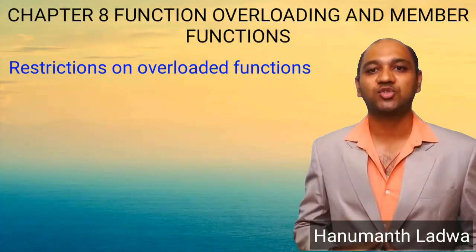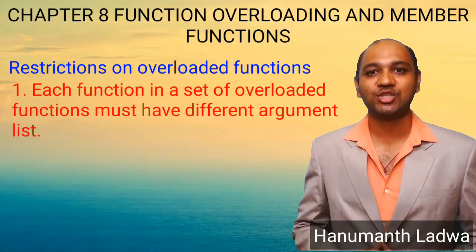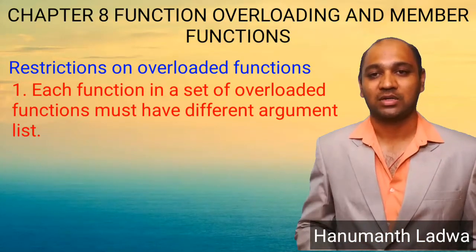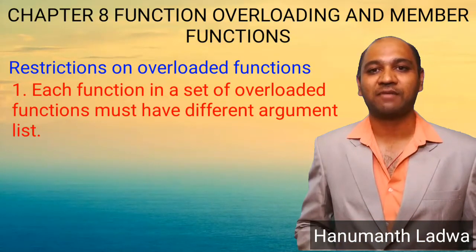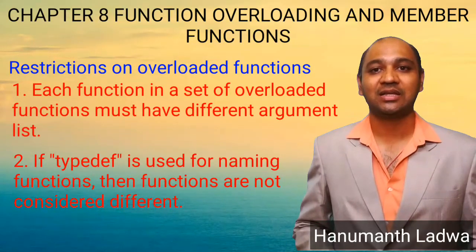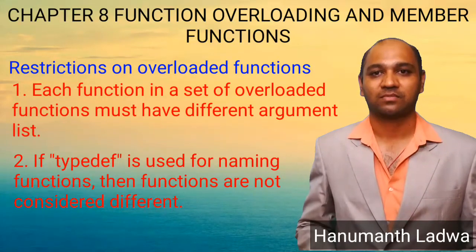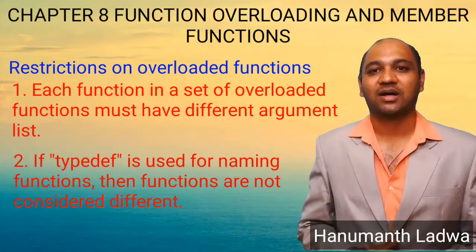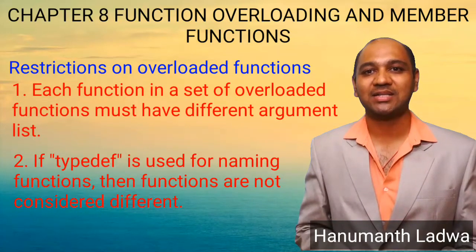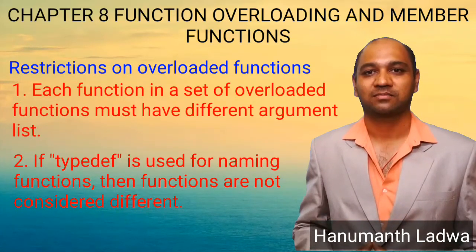Now let us continue with restrictions on overloaded functions. There are two restrictions. The first one is that each function in a set of overloaded functions must have a different argument list. The second restriction is that if typedef is used for naming functions, then the functions are not considered as different types. Here typedef is a keyword which is used to alias the data type.